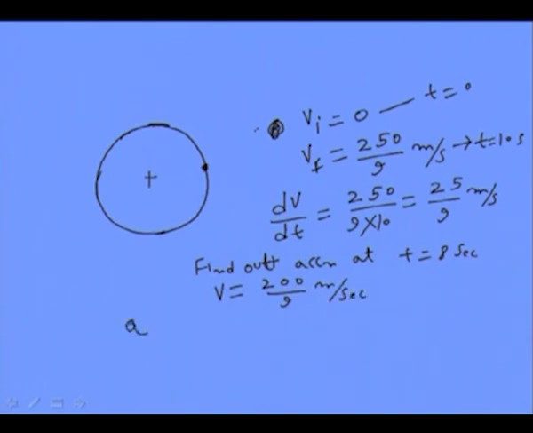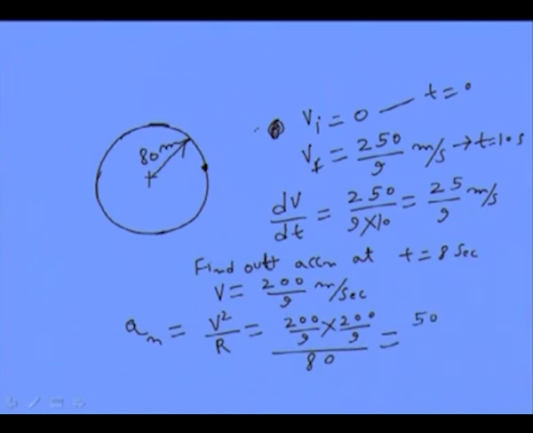Therefore, the normal component of the acceleration, an, will be equal to V square by r, where r is the radius of the circle. Supposing the radius of the circle has been given as 80 meter, then you have the component 200 by 9 into 200 by 9 divided by 80, which comes out to be 500 by 81 meter per second square.